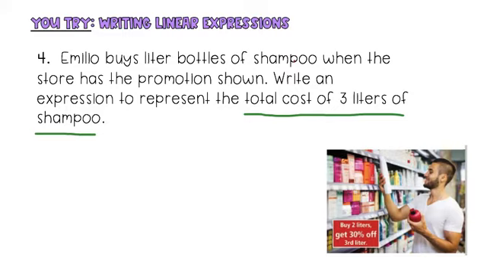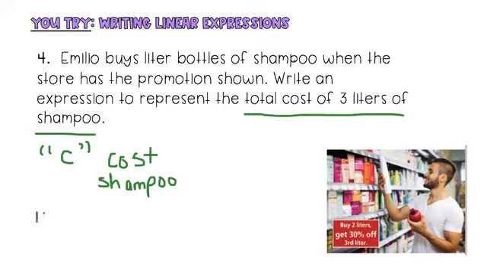Okay, but I still don't know how much my shampoo costs. So I'm going to choose a variable and have that represent the cost of the shampoo. We need to figure out if the third bottle of shampoo is 30% off, what percentage of the cost are you expected to pay?